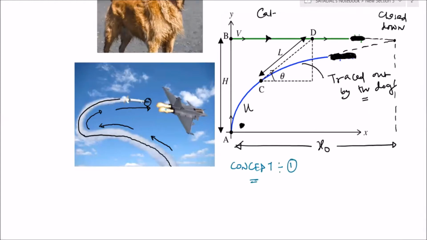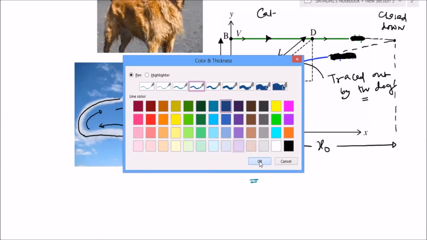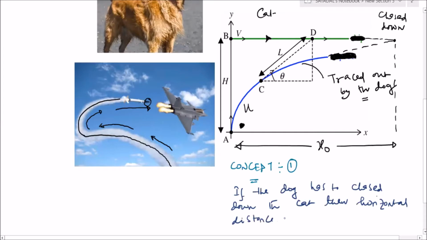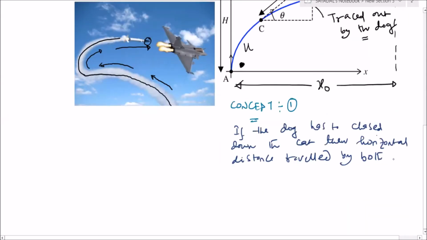Concept 1 is if the dog has to chase down the cat, then the horizontal distance traveled by both has to be equal. Is that okay?